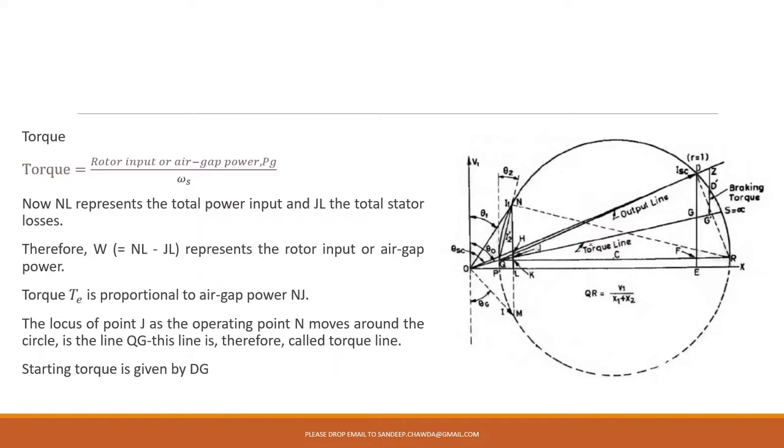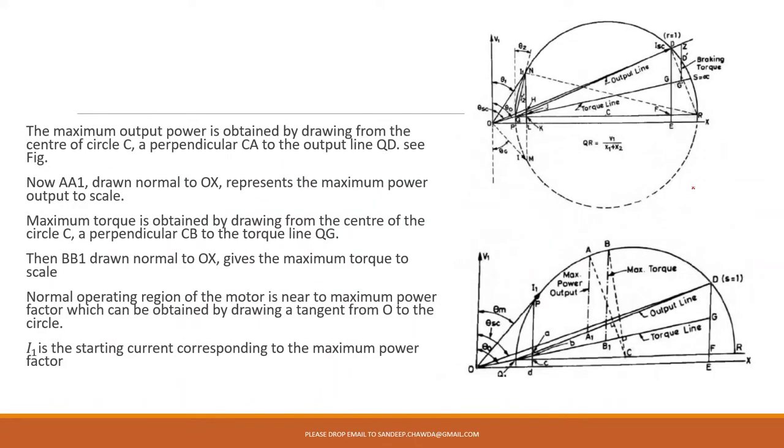Earlier we had drawn it, but we had not shown what we were calling it. So this line QG is called the torque line. Here the starting torque will be given by BG. So this value will give you the starting torque. We could understand the value of the starting torque for a given motor from the circle diagram.